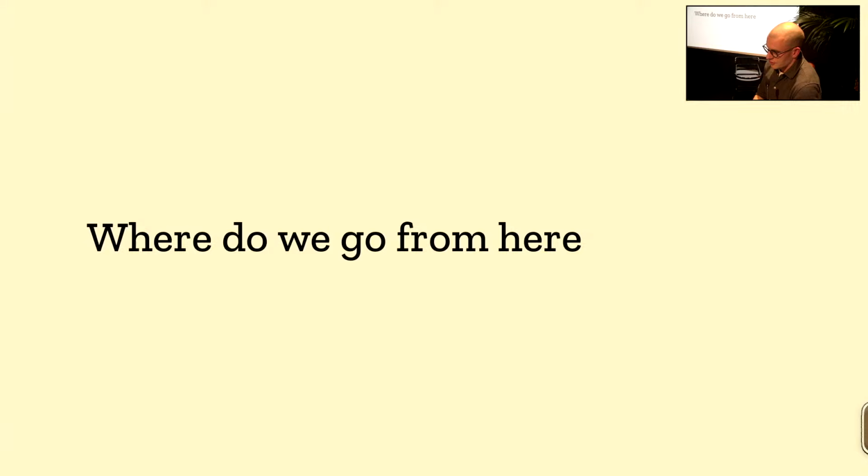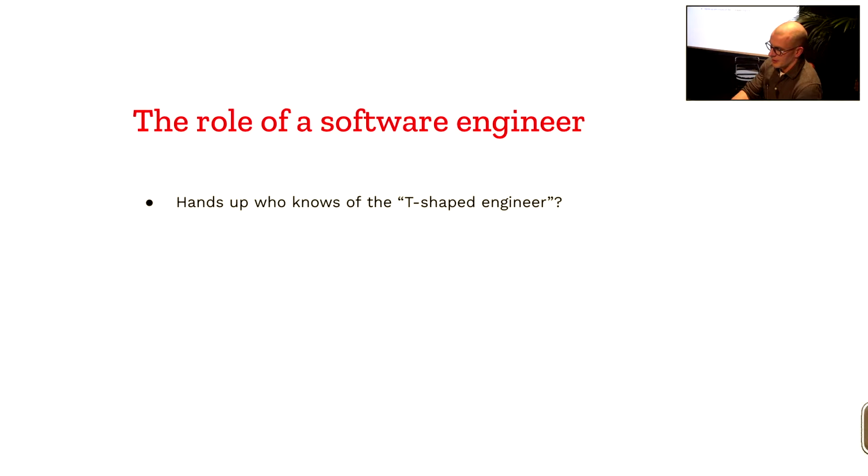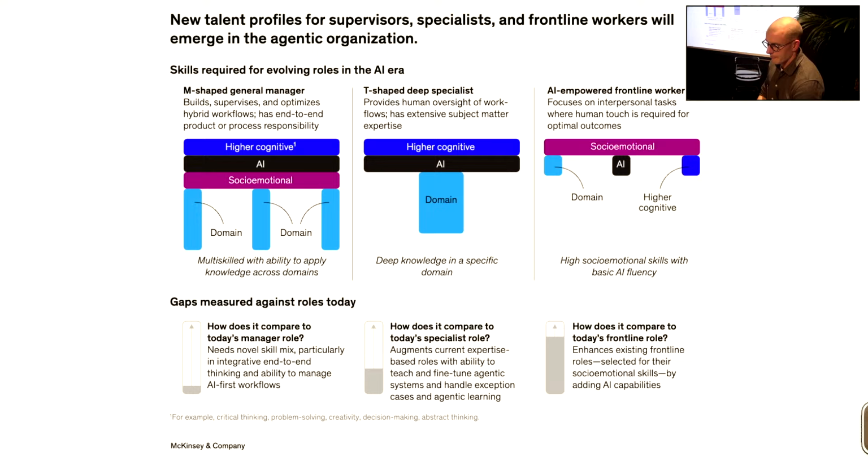Some general notions. Where do we go from here, as a software industry? Do you know what the T-shaped engineer is? A few of you know. Basically, it means an engineer that has a wide variety of knowledge, but a deep understanding of some specific field. With AI, I found this image from McKinsey of all places.